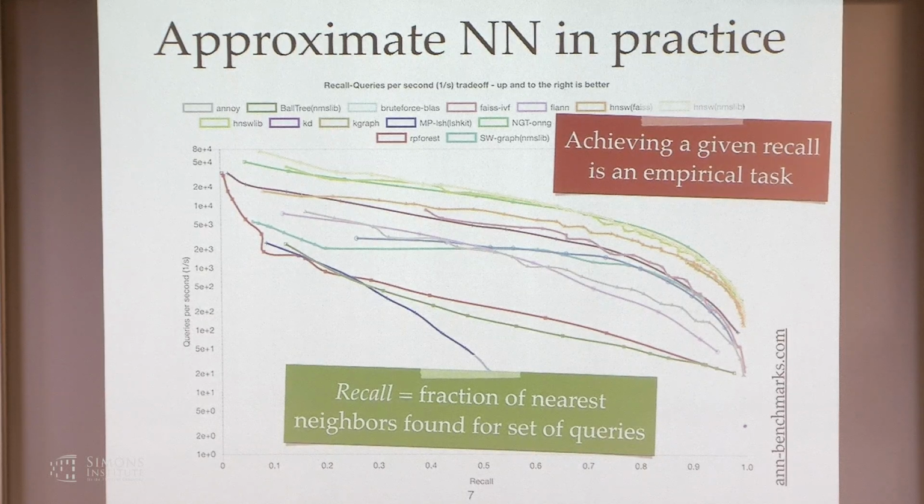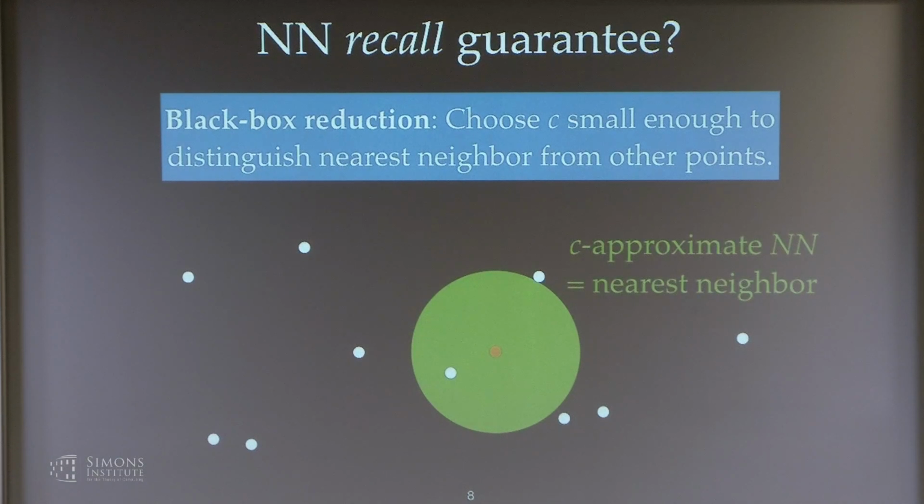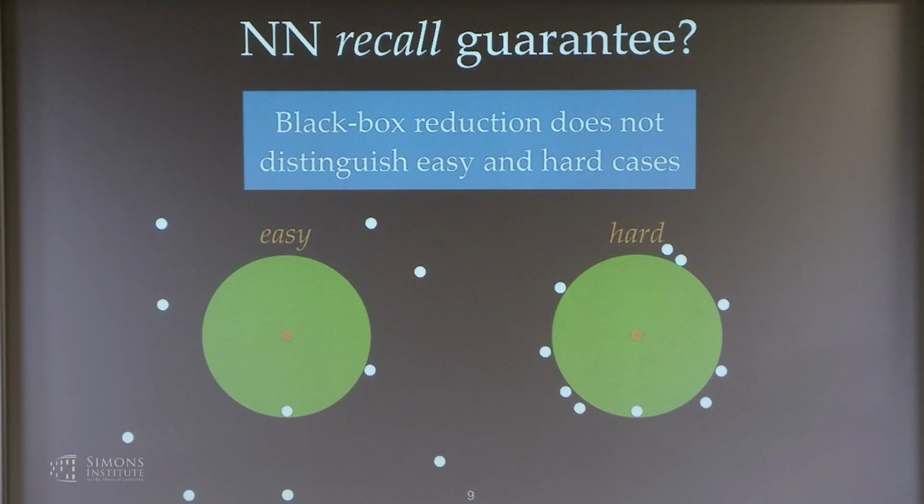What we would really like is to also say something in theory about recall. One attempt might be a black box reduction. Suppose we just choose the approximation factor small enough, then of course the approximate nearest neighbor would actually be the nearest neighbor. But this doesn't seem to be the right way, because it doesn't distinguish between easy and hard cases.